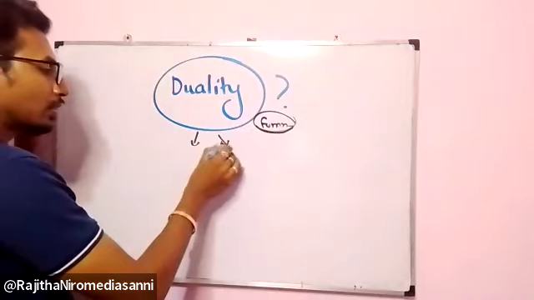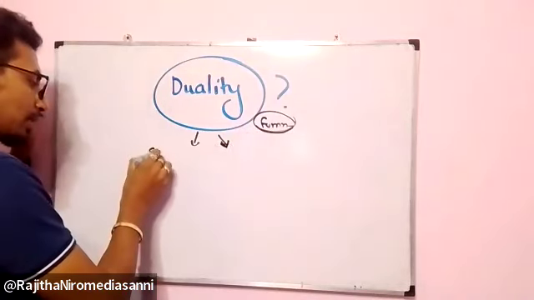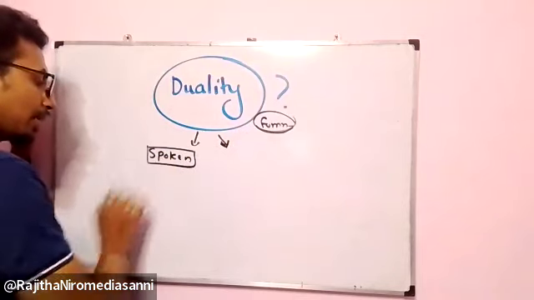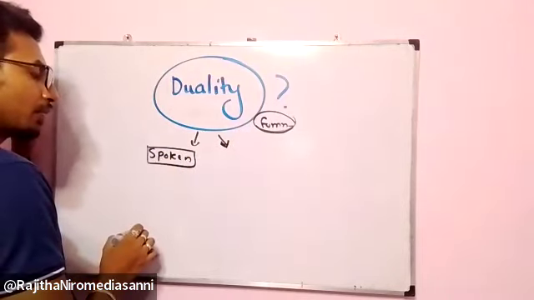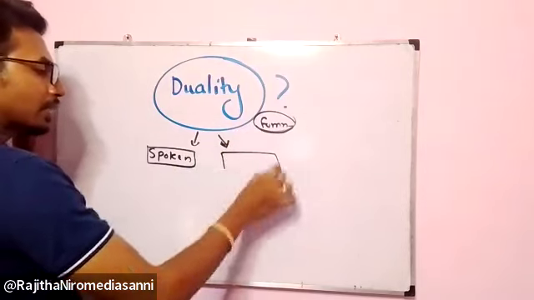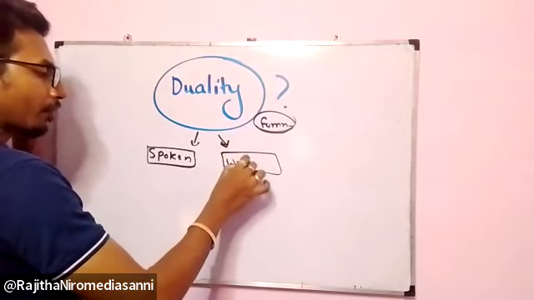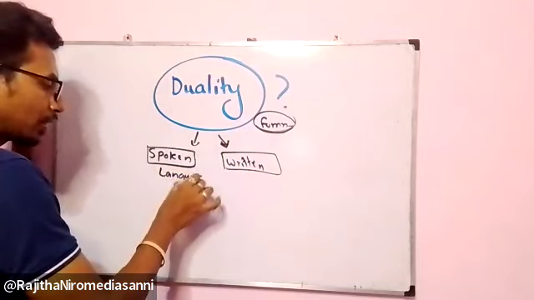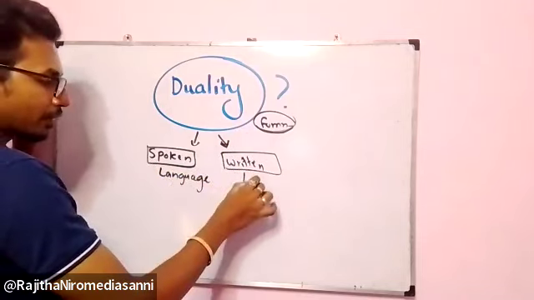using language. Every language has a spoken form. That is the first type of duality. The second type is written language.